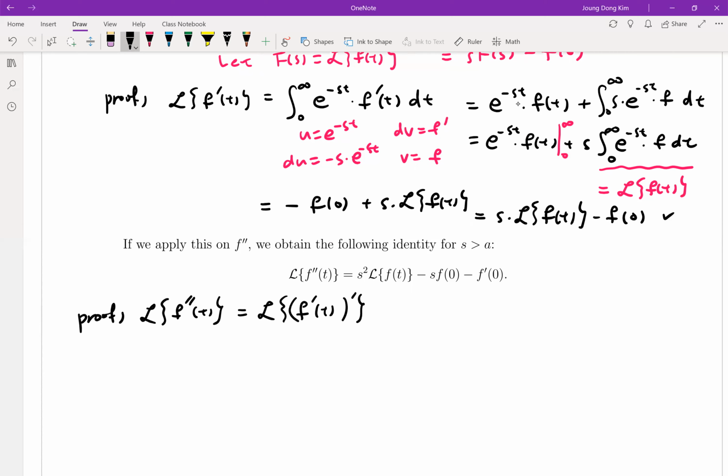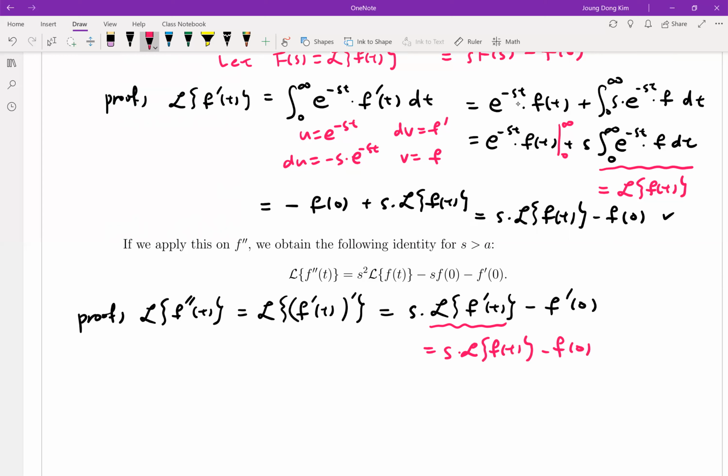Then let me apply the previous one, okay? Previously we said it is equal to s times the Laplace transform of f prime of t, because that is the original function, minus f prime of 0, right? Then let me plug in the first-order lifting as well: s times the Laplace transform of f of t minus f of 0, right?